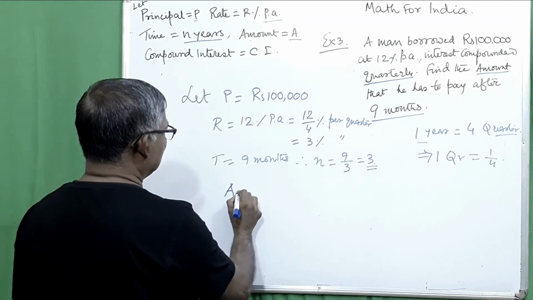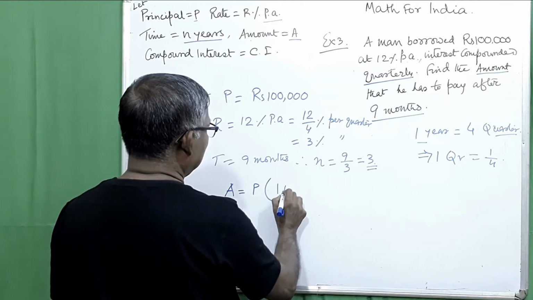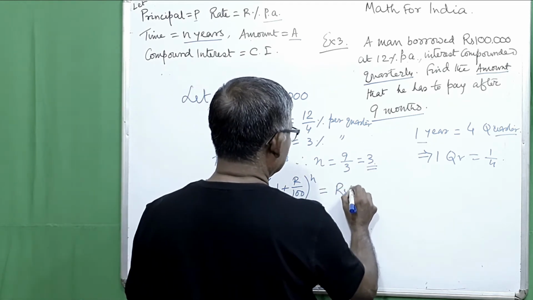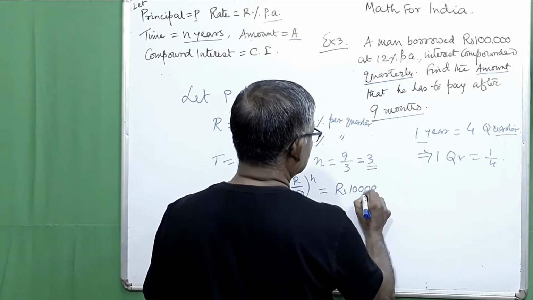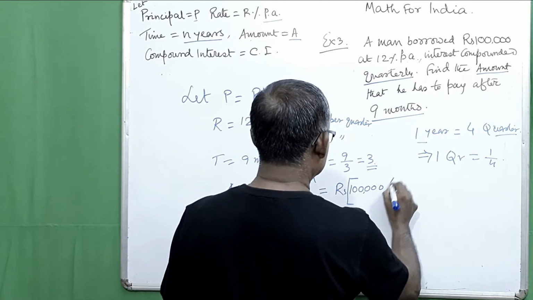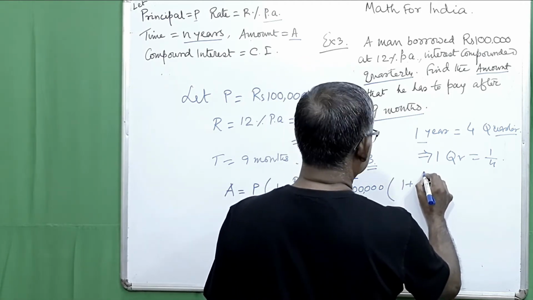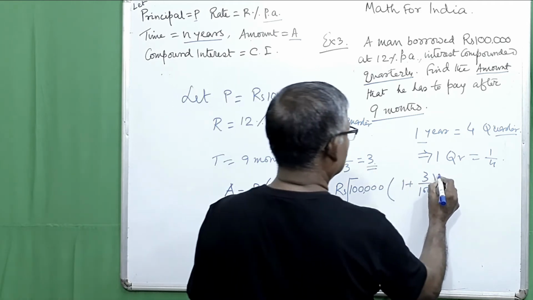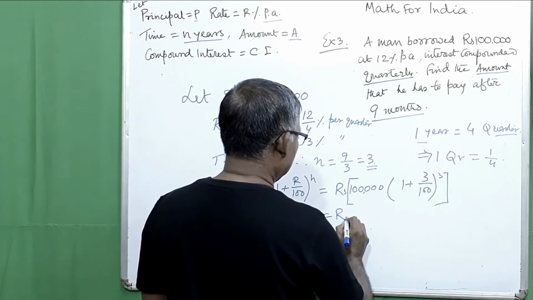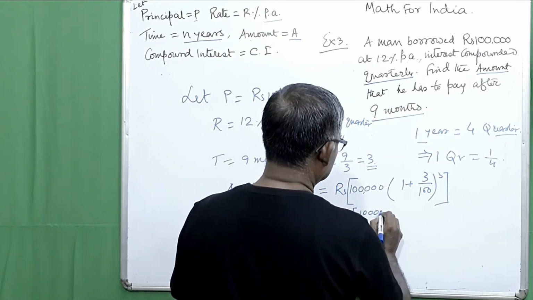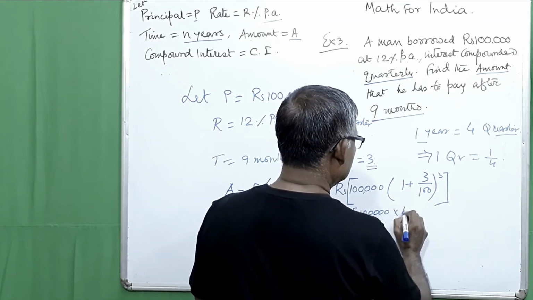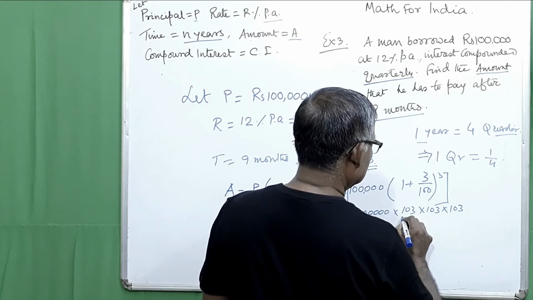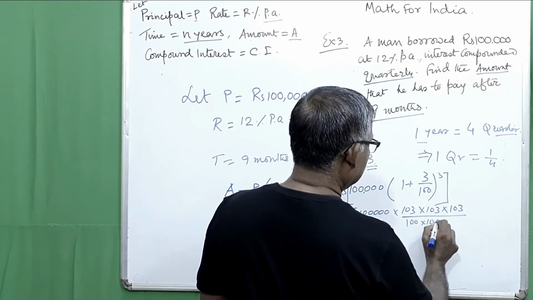We have A equal to P into 1 plus R by 100 whole to the power n, that is rupees 1 lakh into 1 plus 3 by 100 whole to the power, here n is 3, that is rupees 1 lakh into 103 into 103 into 103 by 100 into 100 into 100.